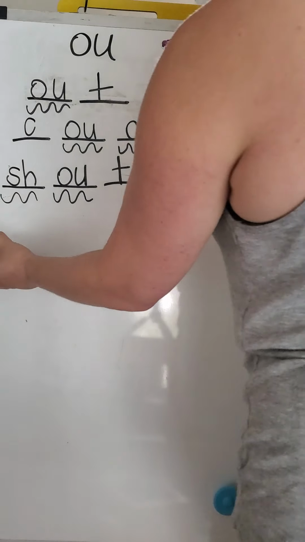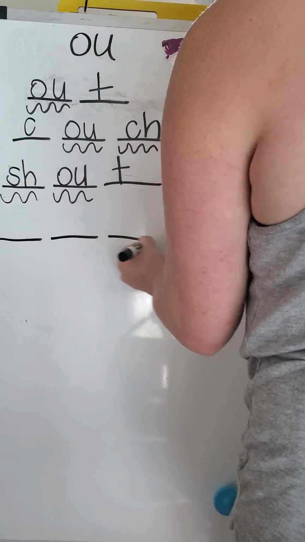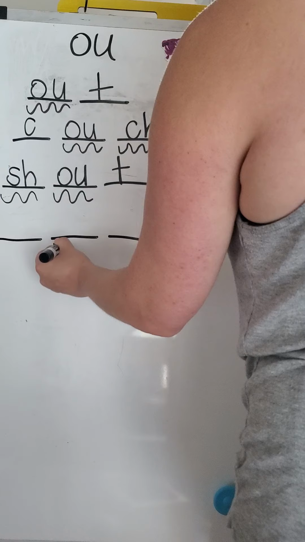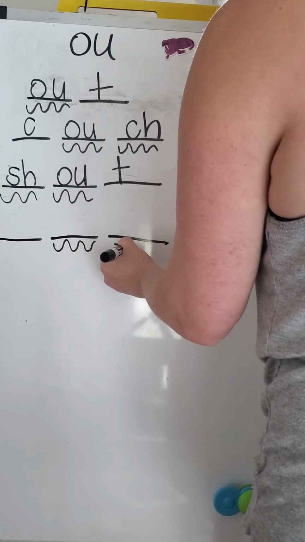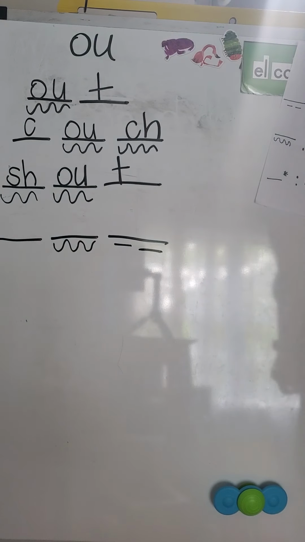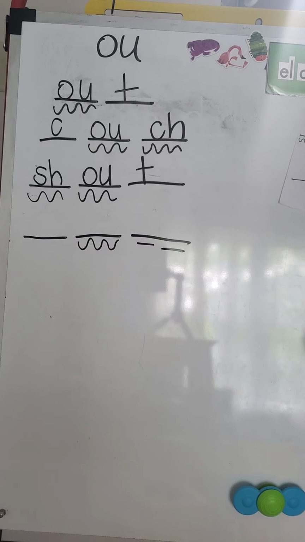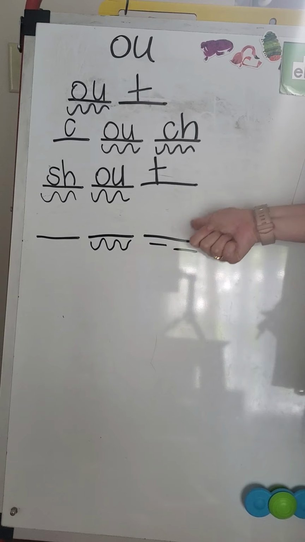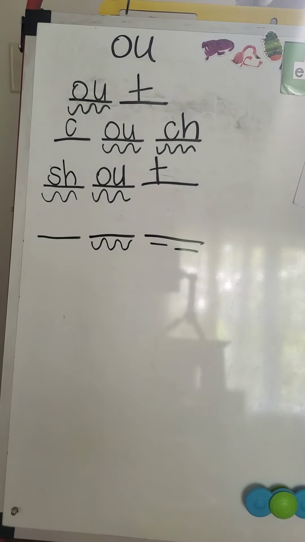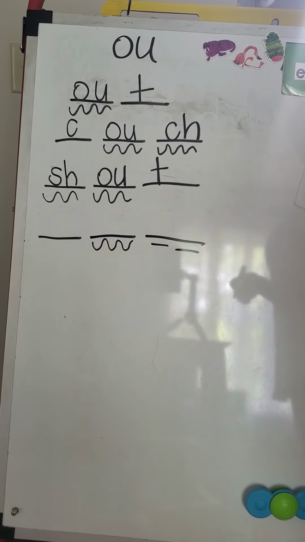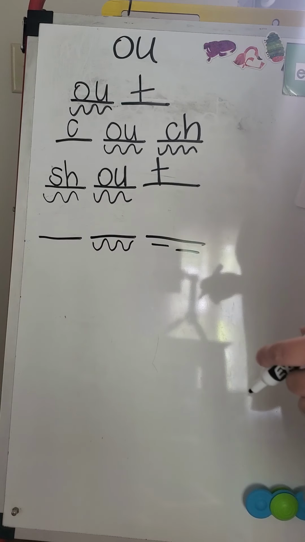The last word we're going to work on is kind of interesting because I have a consonant blend at the end. It's an ending blend. So we're going to have two consonants at the end blending their sounds. This word is sound.